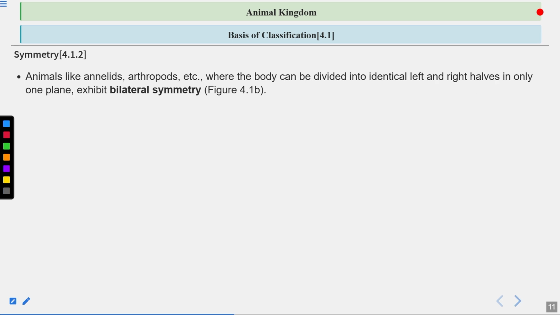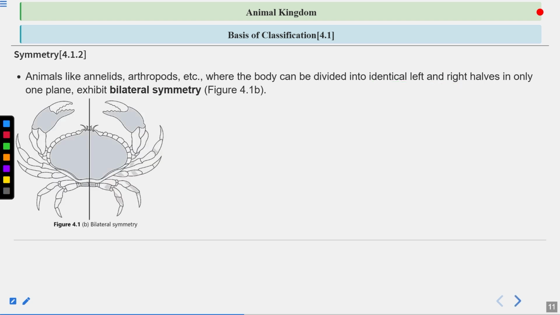Now, animals like annelids, arthropods, etc., where the body can be divided into identical left and right. You can divide the organism into two equal halves through the center of the axis, only one plane. Dividing left half and right half equally through one plane only, then it is called bilateral symmetry. Now you can see this figure.